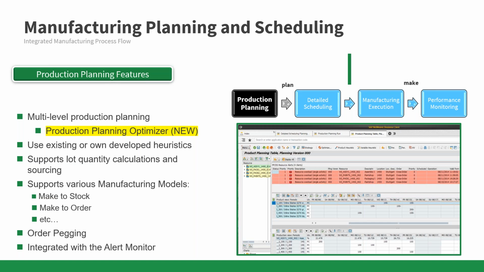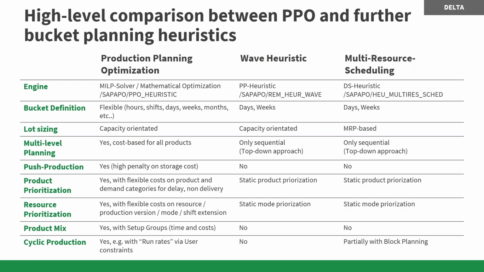I think there's one slide which explains a little bit the difference between classic PP algorithms compared to this new production planning optimization algorithm. Some of you might know the wave heuristic, a classic PP heuristic, which can create orders and looks at capacity. But you see here on the left-hand side the capabilities, for instance, to look at multi-level planning, doing proper lot sizing, looking at push production, product prioritization, resource prioritization.